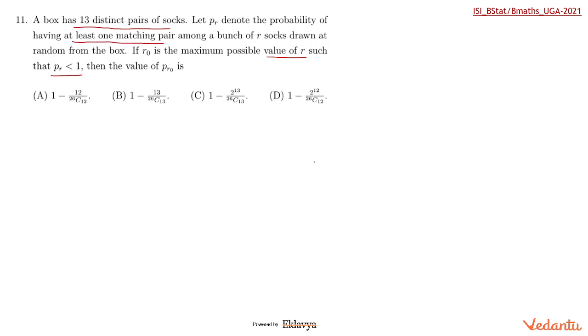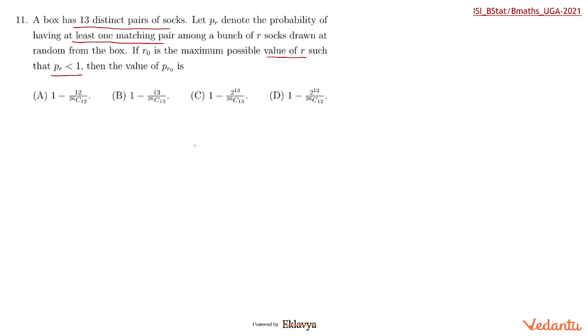If we draw 14 socks, definitely. If you go up to 13, having taken 13 singles, a matching pair will not come. It may happen that no pair is matching. You will not get a correct pair. As soon as we take the 14th, the probability will become 1.